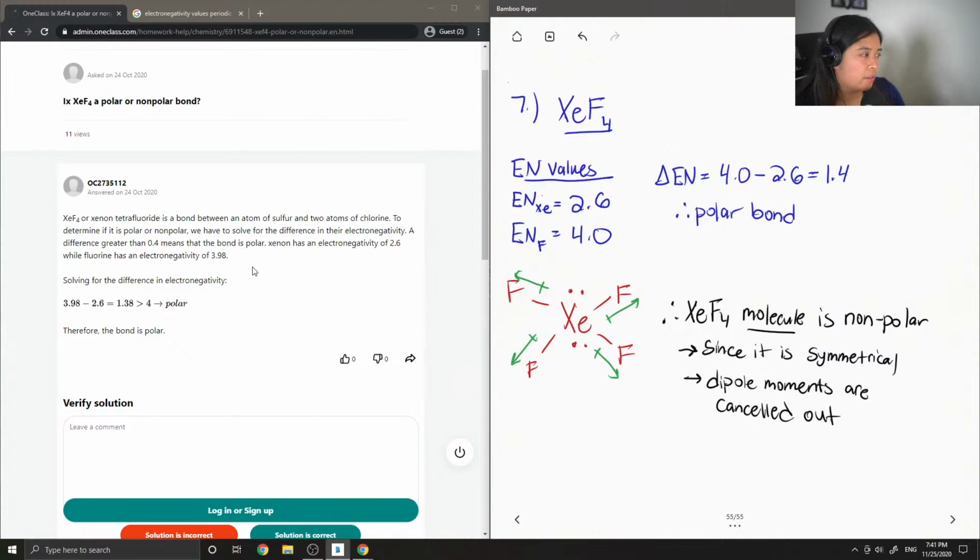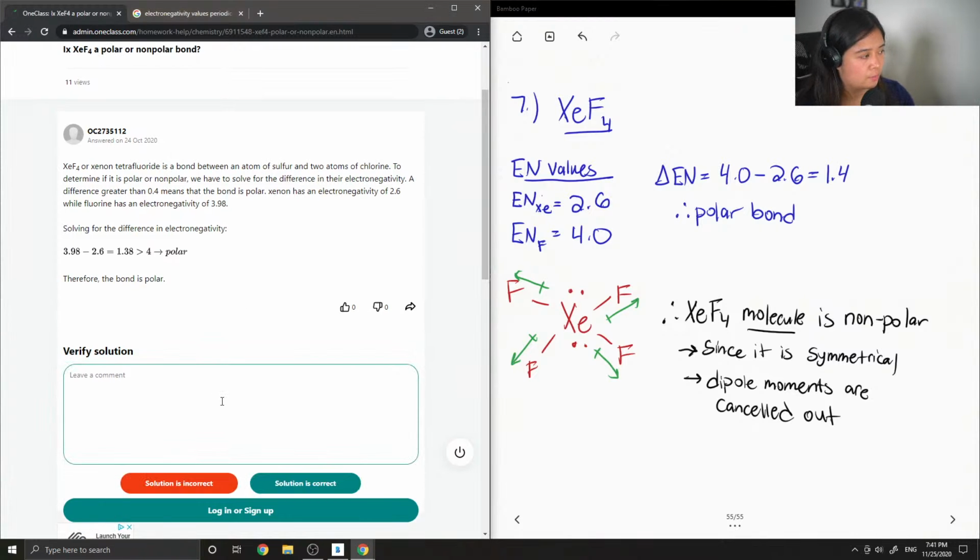Difference greater than 0.4 means that the bond is polar. Xenon has an electronegativity of 2.6, while fluorine has an electronegativity of 3.98. Okay, so they found the difference in electronegativity, and since it is greater than 0.4, that means the bond is polar. Let me just fix the typos. So this solution is correct.